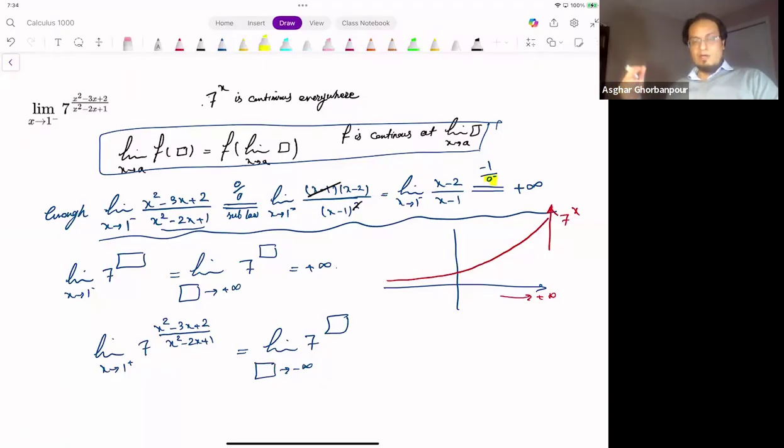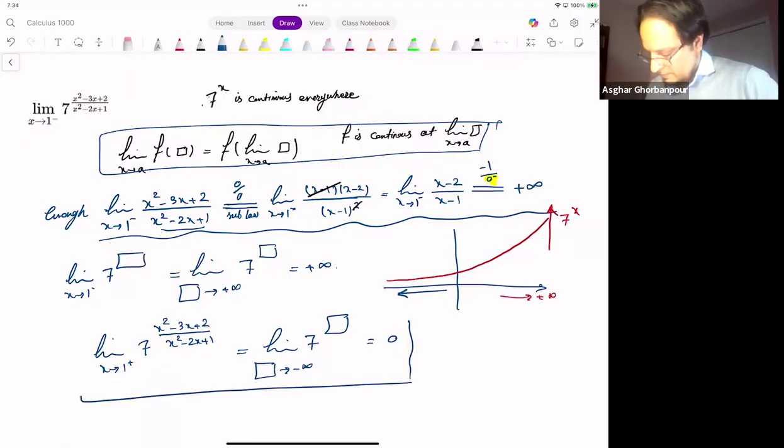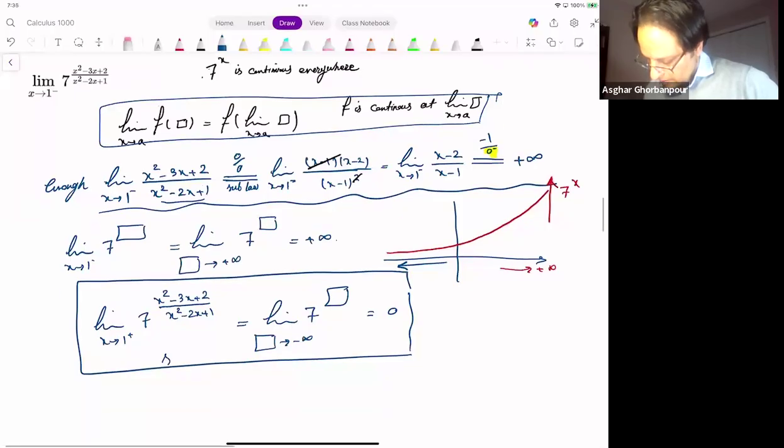So -1 over positive numbers that go to 0 is negative infinity. And in that case, basically, we are dealing with the other side of this function. When x goes to negative infinity, that is 0. So a similar calculation shows this.